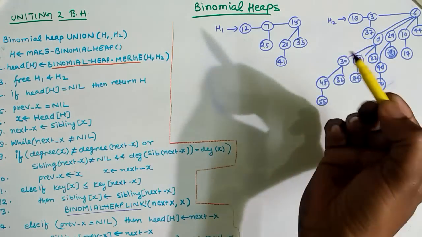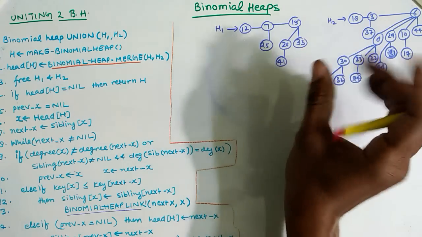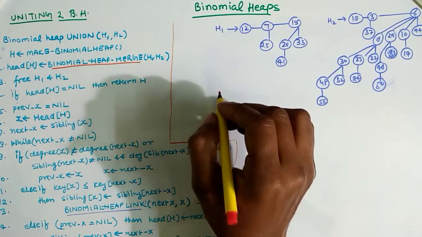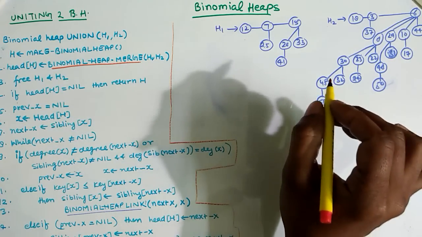This procedure will combine these two binomial heaps into one, and the order in which the binomial trees appear is the increasing order of degree in the root list.